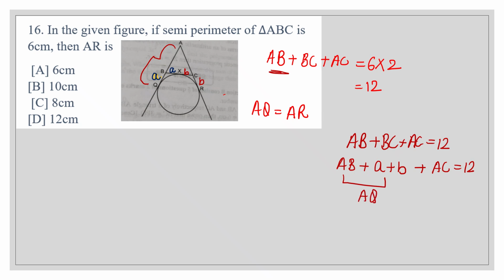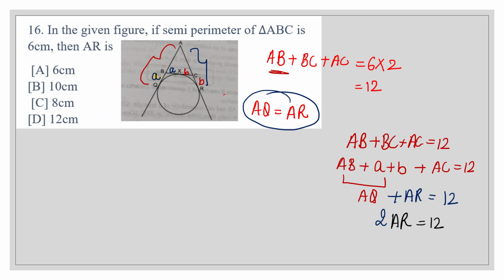What is AC plus B plus AR? 12. As we know, both are same. So twice of AQ is, we need to find AR. Let's use AR only. Twice of AR is 12. So AR is 12 by 2, 6.